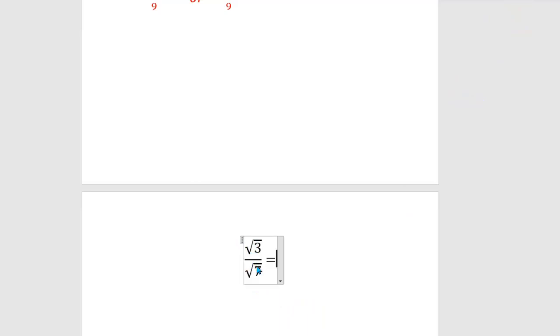Control C, Control V. Now the numerator can be ugly, but all you got to do here is just multiply. The conjugate of rad 7 is technically negative rad 7, but you're going to find that to be rather silly because those negatives are just going to kill each other anyway.